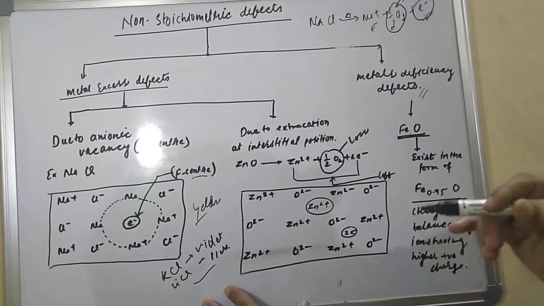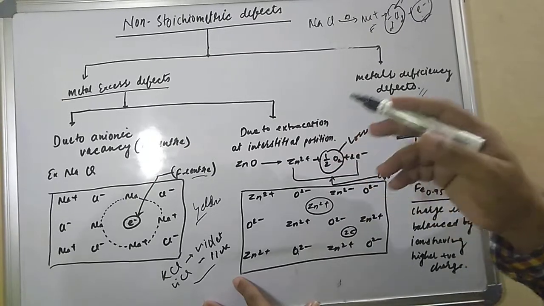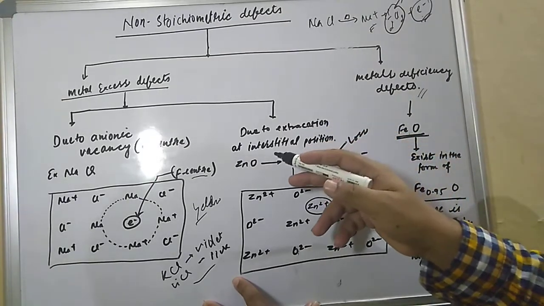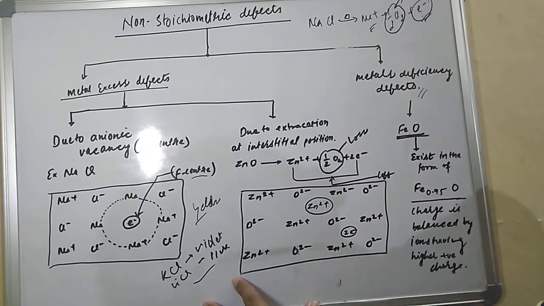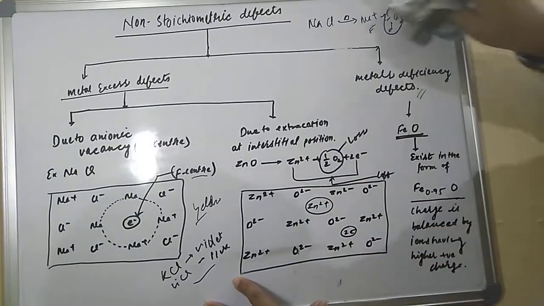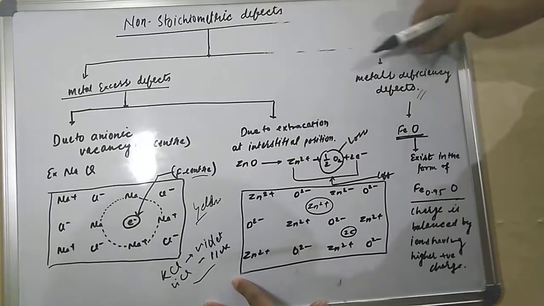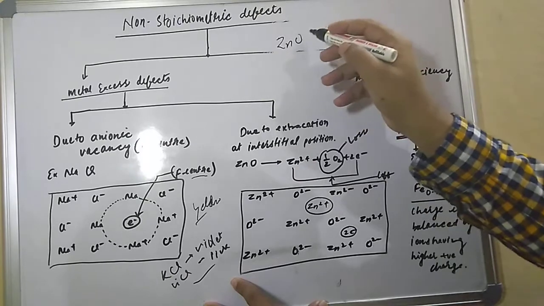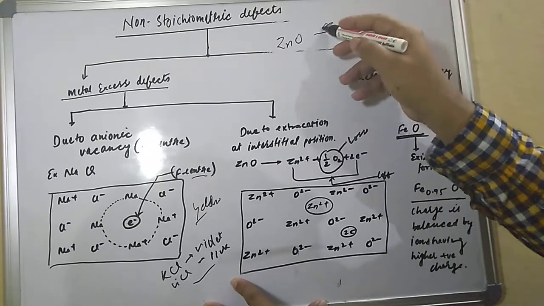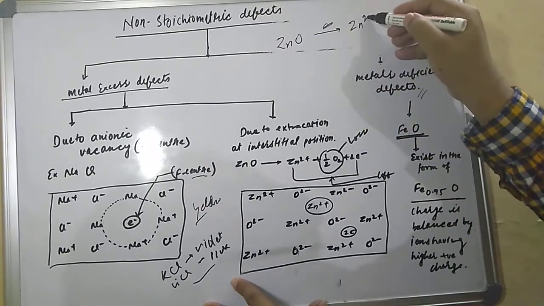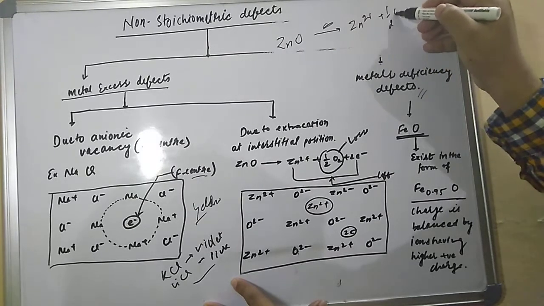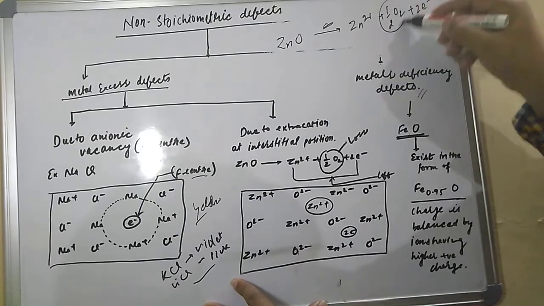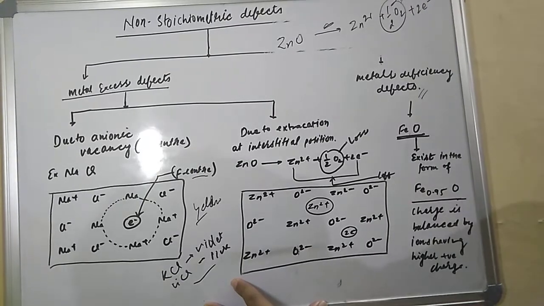Now another example is the metal excess defect due to an extra cation at interstitial site. What does that mean? That is, if you see, ZnO. If you are heating ZnO, it will give Zn2+, half O2, plus 2 electrons. This O2 will be missing.